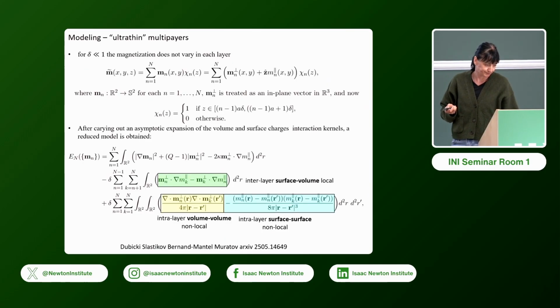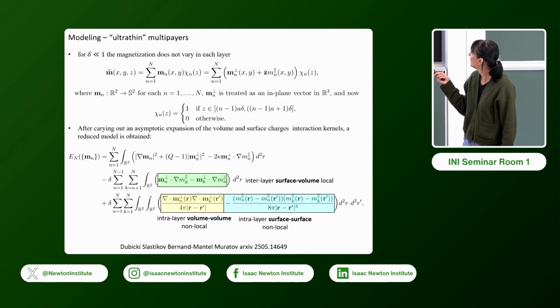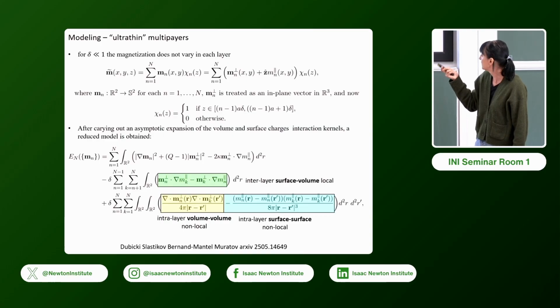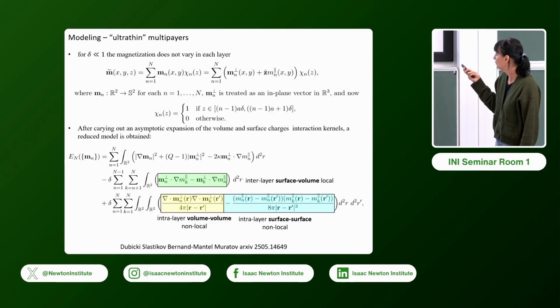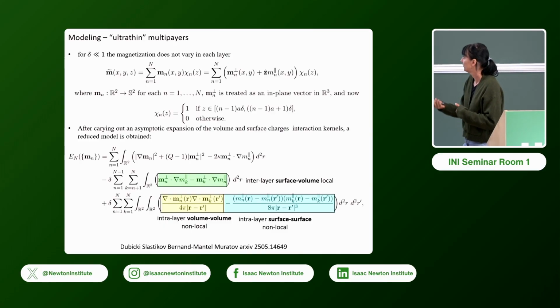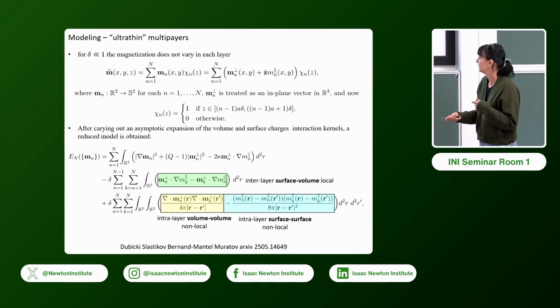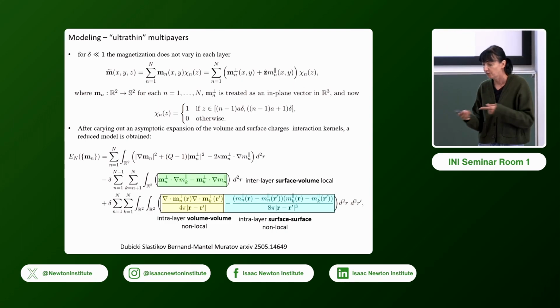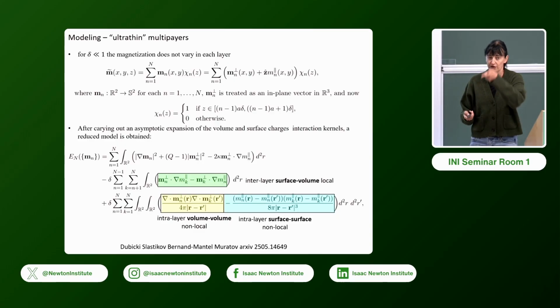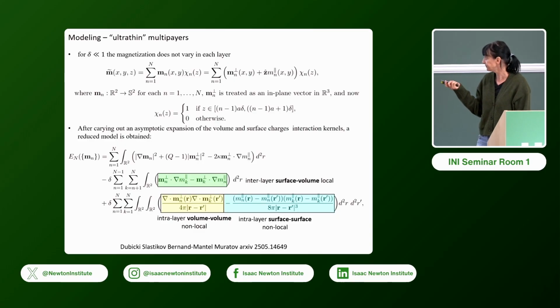And so, we have a magnetization that is constant in Z in each layer. And so we carry out a complicated asymptotic expansion of this volume and surface charges interaction kernel, which contains volume-volume, volume-surface, surface-surface interactions within each layer and in between each layer.